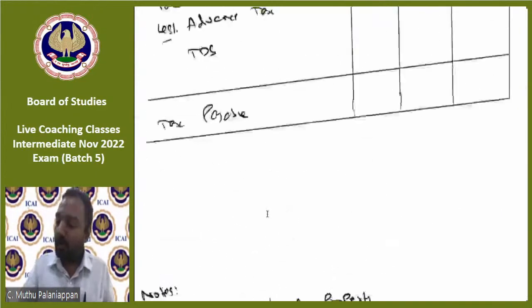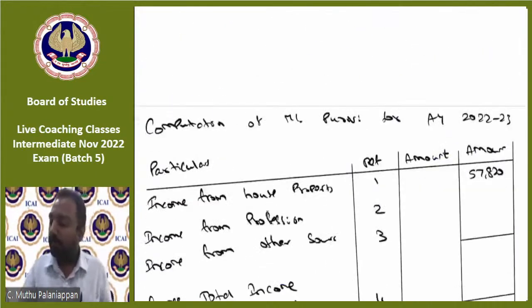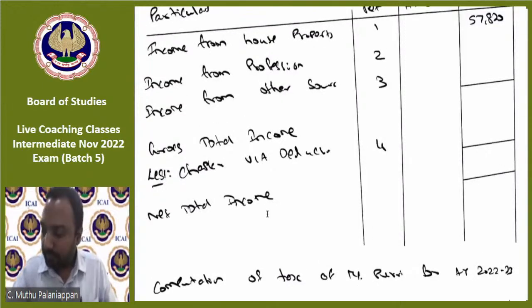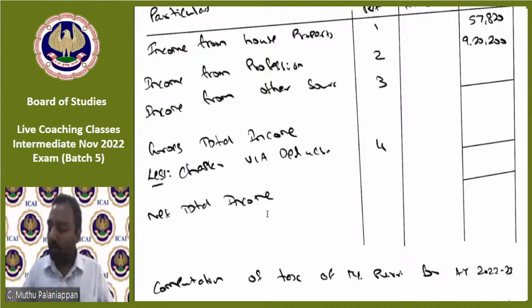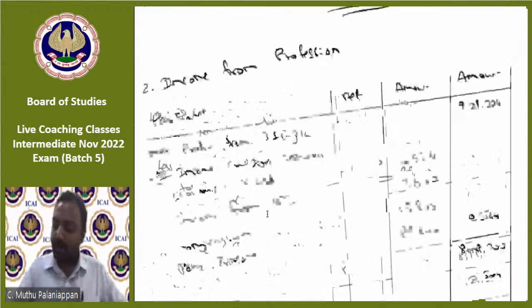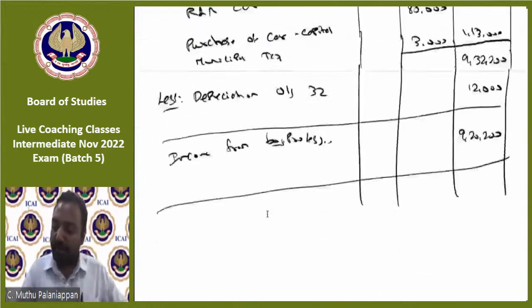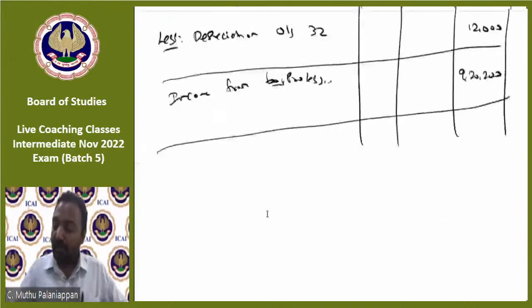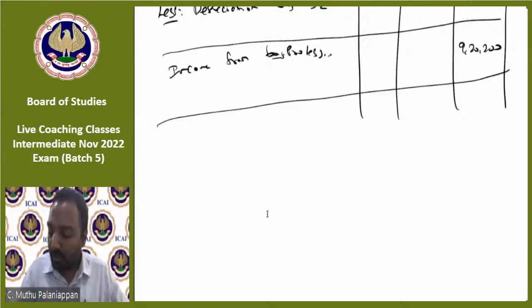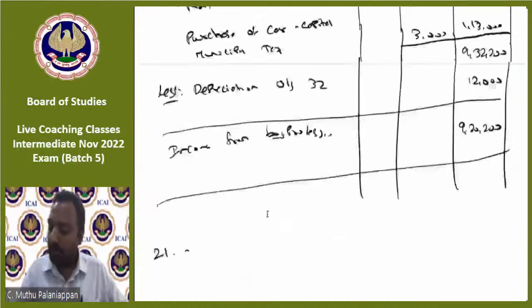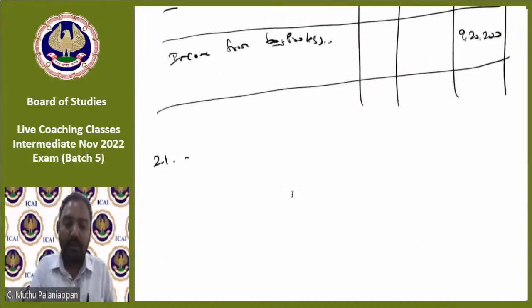What do you do? You go to the top, right? 9,20,200. Now you should make sure that you are writing notes because we have not struck the notes. So what I do is 2.1. 2.1 is about incentive to article assistant. So I say that it is the incentive to article.